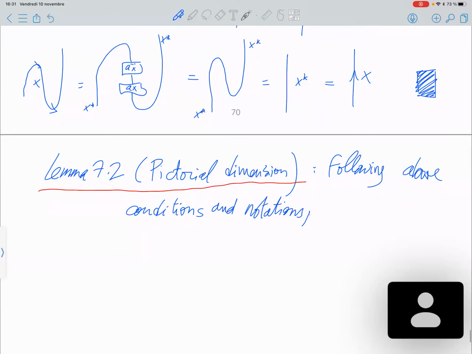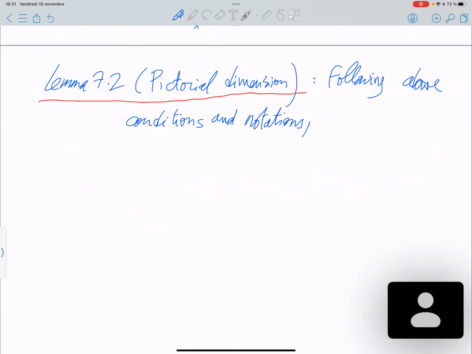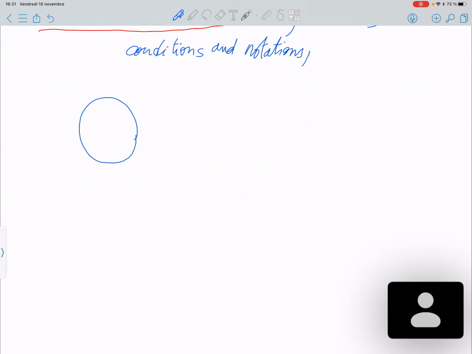we get that this picture, if you consider it like that, means one coevaluation map oriented like that, composed with one evaluation map oriented like that, so you have something circular.